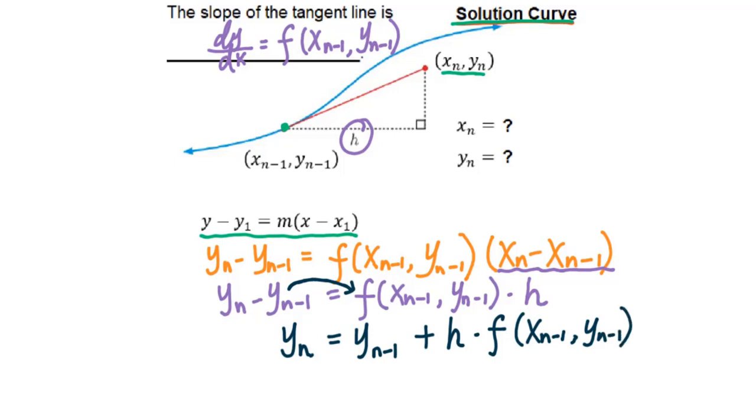Therefore, we can write down the formula. x sub n equals x sub n minus 1 plus h. Then y sub n equals y sub n minus 1 plus h times f of x n minus 1, y n minus 1.